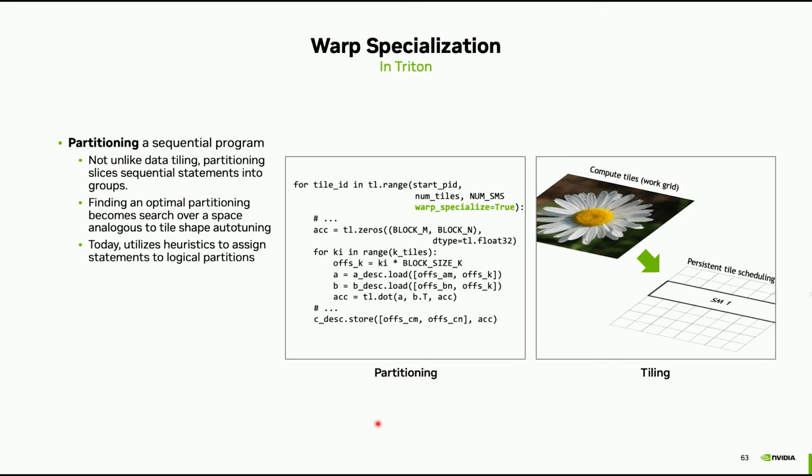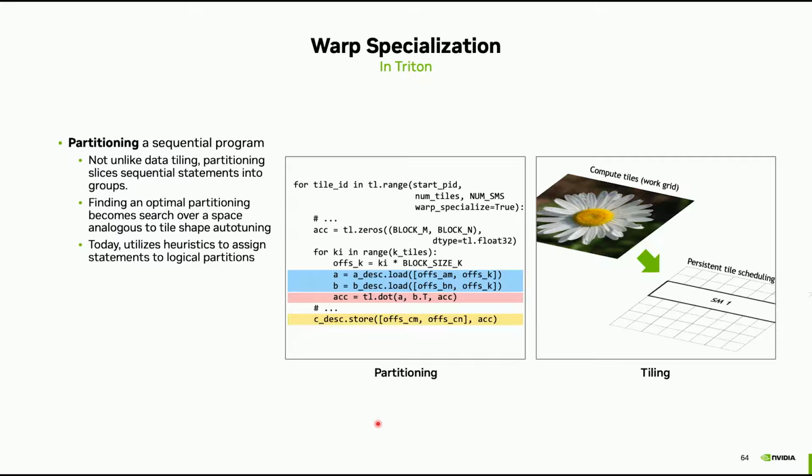Partitioning is not unlike tiling. Tiling is trying to take an input tensor and break it up into a bunch of different work items, building a work grid out of it. Partitioning is saying, here's this sequential program, or sequential statements in a loop. How should we assign them to different warp partitions?